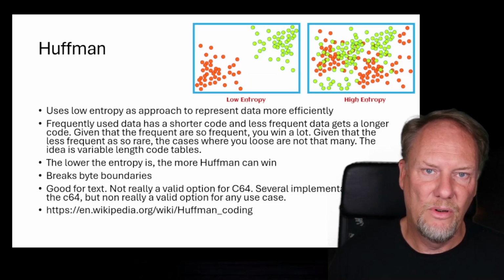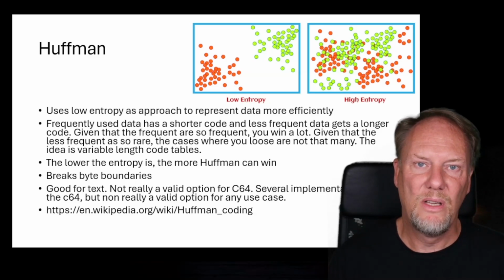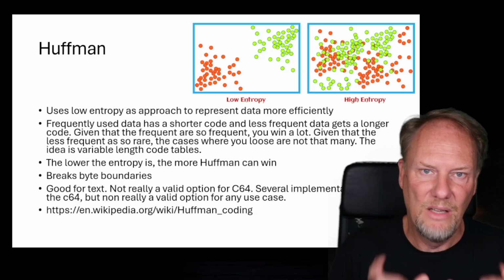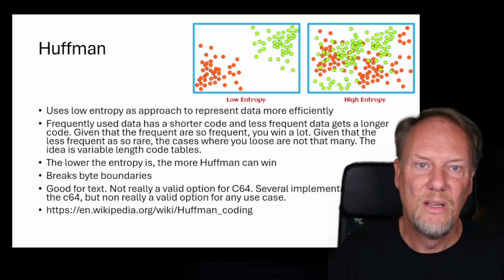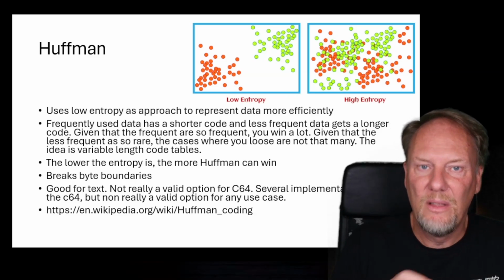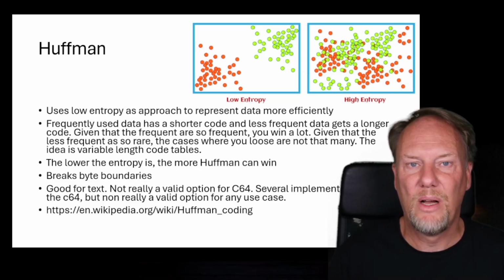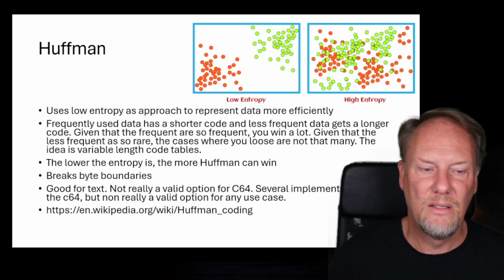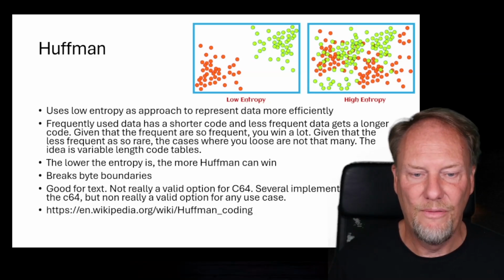This is also a thing that breaks the byte boundaries, because the source data is using 8 bits, so bytes, whereas the destination data would be a few bits. And then of course you need to have the output data stored across byte boundaries, otherwise it wouldn't make any sense. This is rarely a thing for the C64.